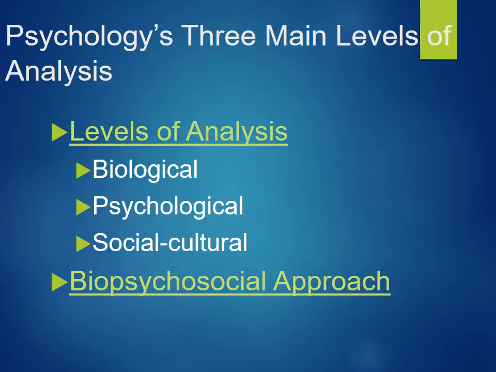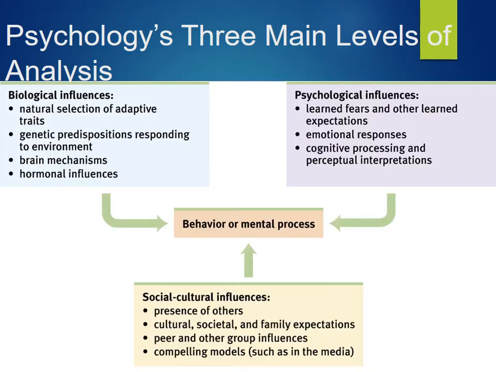All right, psychology's three main levels of analysis. We have the biological, the psychological, and then the socio-cultural, which gives us the biopsychosocial approach. So you have all of these different influences that impact a person's behavior or mental processes. So just to quickly read through it, you have your biological influences: natural selection, adaptive traits, genetic predispositions, brain mechanisms, and your hormones.